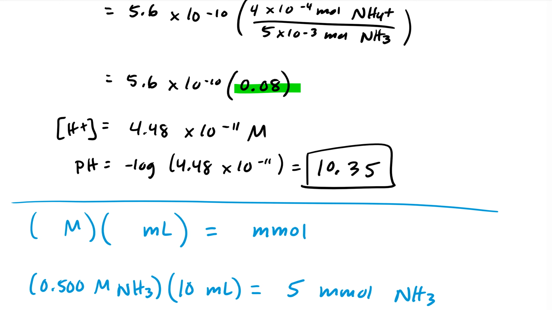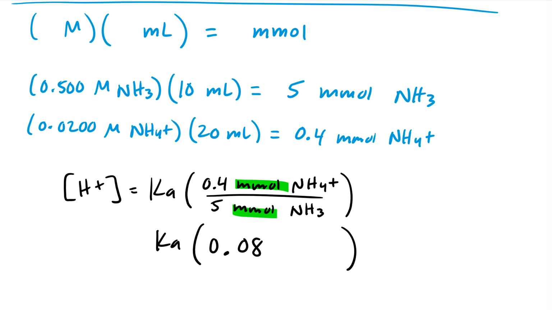That's the same number, 0.08 here and 0.08 there. So the reason why I'm showing you this is because I know sometimes we mess up on converting from liters to milliliters, and sometimes we don't have a calculator, and especially on that multiple choice, it's going to be a whole lot easier to work with millimoles rather than regular moles.